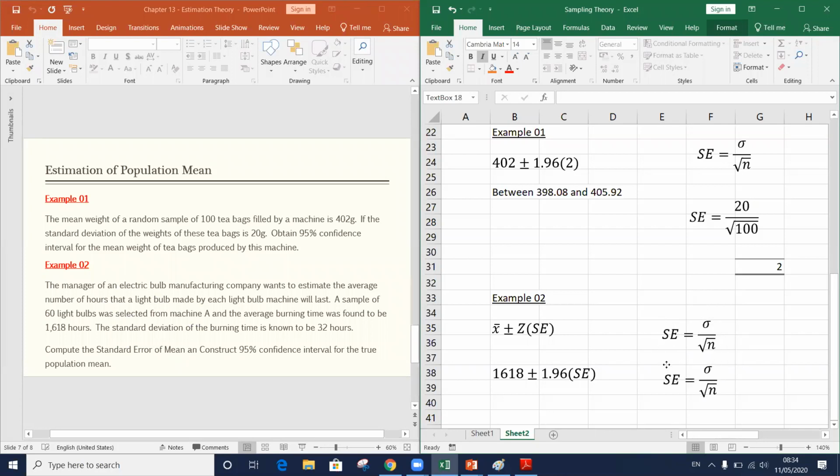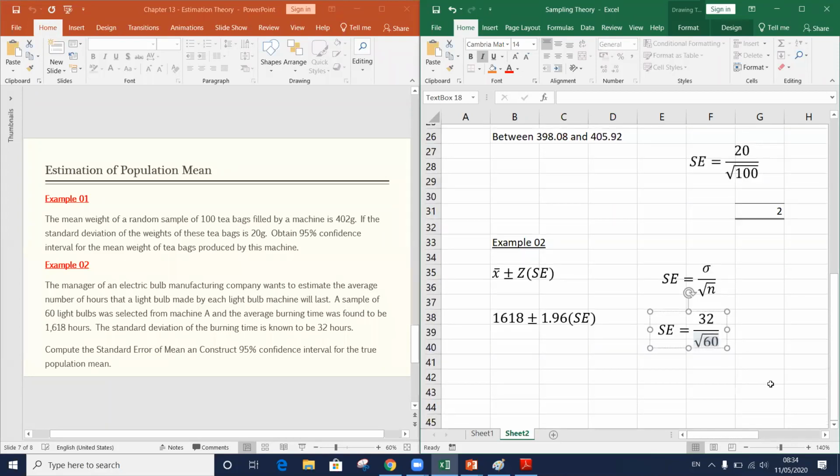The other informations have been given. Standard deviation is 32 hours. Right? Square root of sample size. Sample size is 60 light bulbs, right?